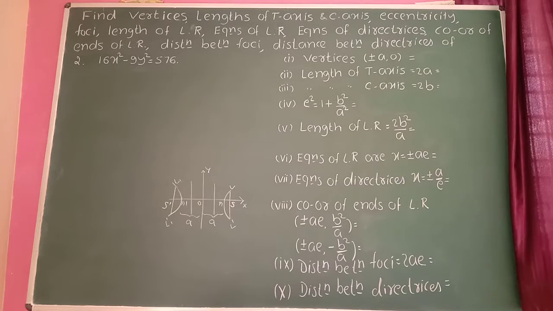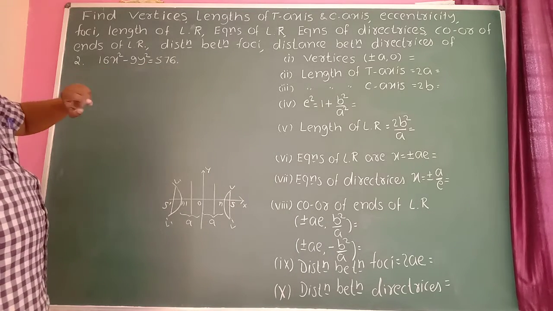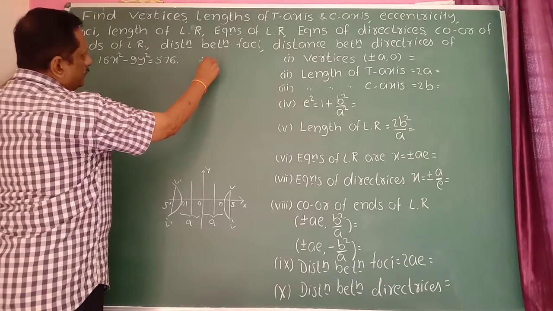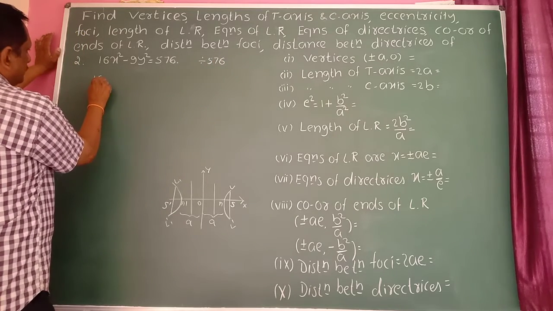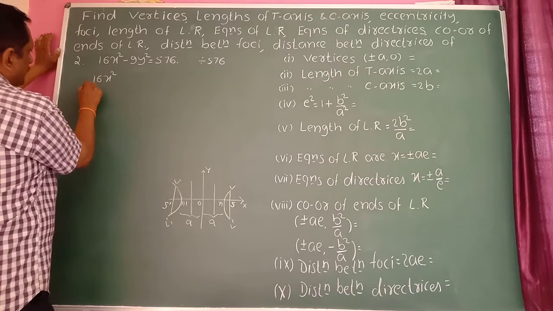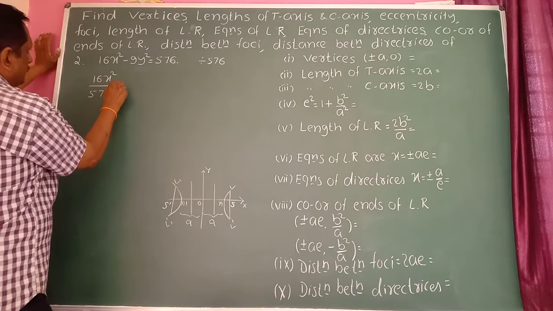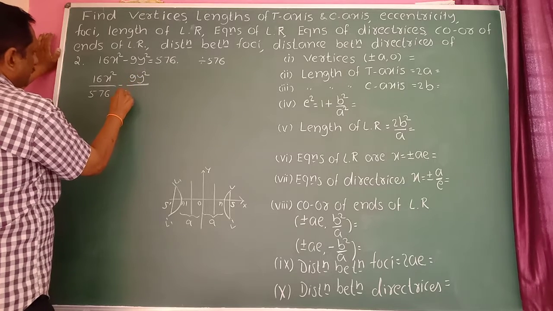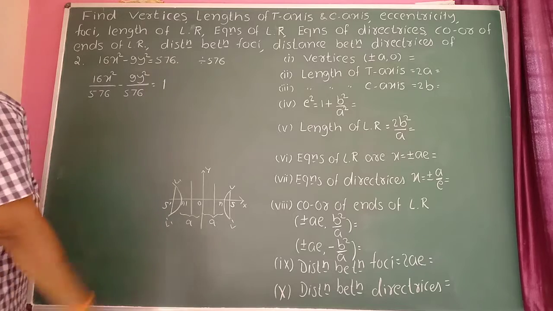So next equation here, 16x² − 9y² = 576. Then dividing both sides by 576, we get 16x²/576 − 9y²/576 = 1.